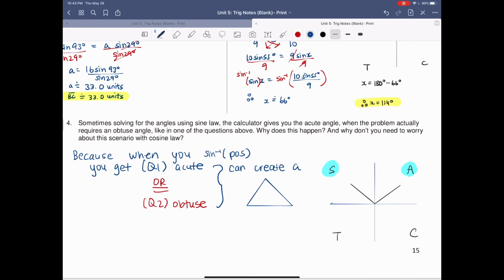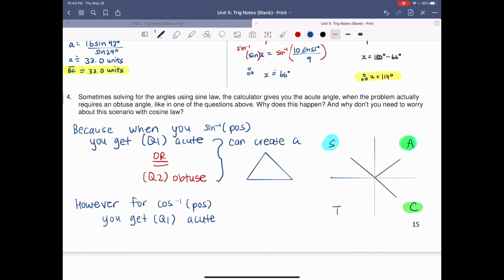However, that's not necessary for cosine, because when you take the cos inverse of a positive number, you basically get an acute angle as well, because for cosine, you have an angle there and an angle over there. And therefore, you're dealing with an acute angle, but the other angle that you get is not an obtuse, but a reflex angle instead.